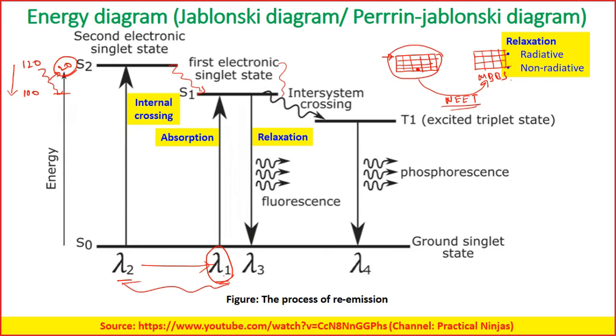Sir, actually, that energy is decreasing from 120 to 110, for example. So I was asking if that energy is being radiated. No, it is not radiated. That's what I told. There are two relaxation processes, one is radiative and one is non-radiative. So this process, internal crossing, is a non-radiative process.